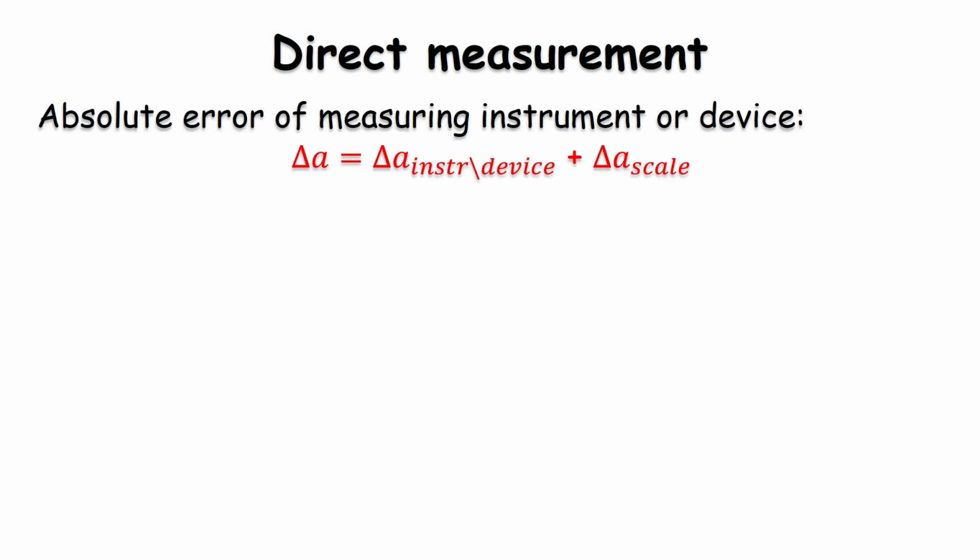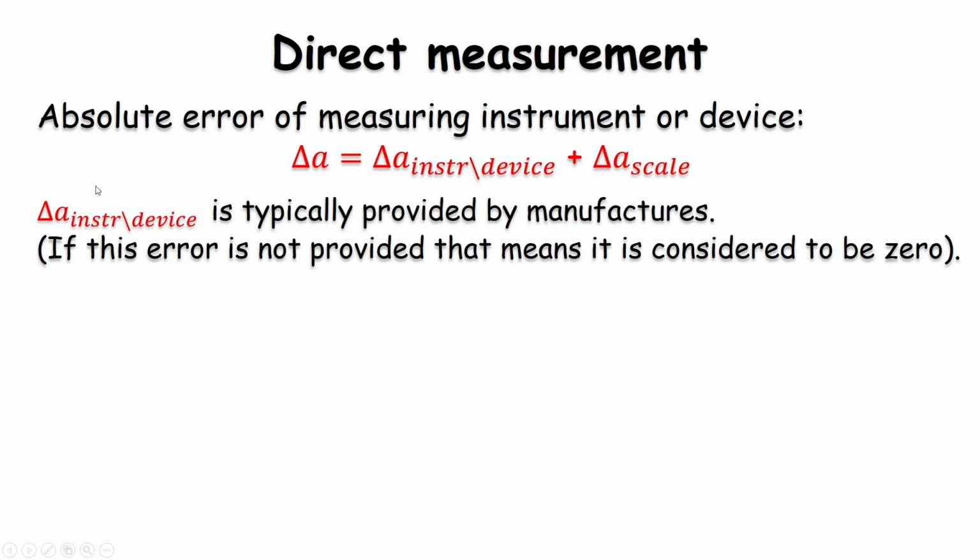Let's talk about direct measurement. Absolute error of measuring instrument or device can be calculated by this equation, where the total absolute error is equal to the absolute error of the instrument or device plus absolute error of scale. The absolute error of instrument or device is typically provided by manufacturers.